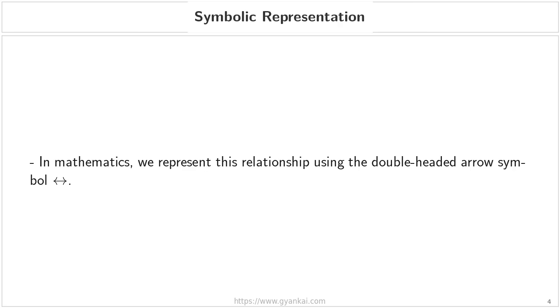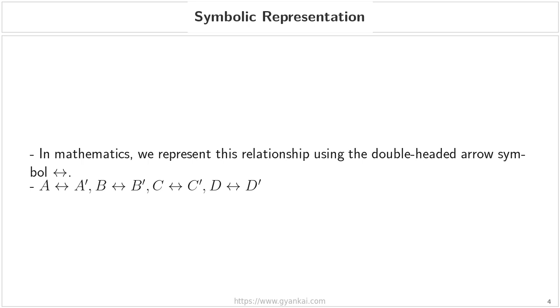Symbolic representation. Now that we have visualized how the light source connects the original shape to its shadow, we need a way to write this down formally. In mathematics, we don't just use words to describe these connections, we use a specific shorthand. To represent this relationship of correspondence, we use the double-headed arrow symbol, which we pronounce as "corresponds to."